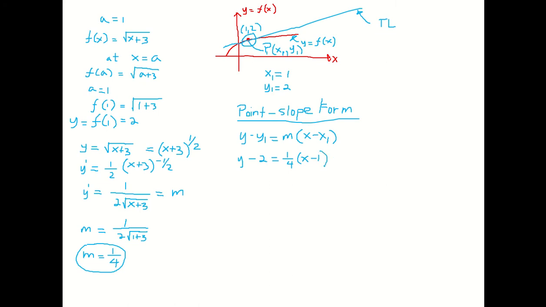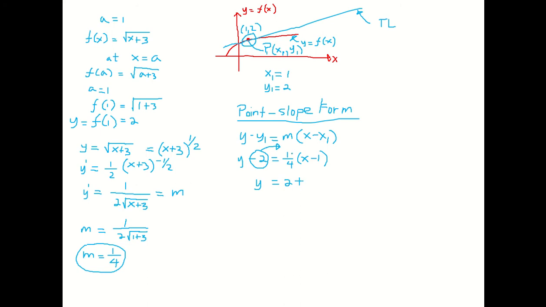Okay, then here we need to express y in terms of x. To do that, let us add 2 to both sides, or you just transpose this -2 to the other side, then change the sign. So on the left side we have y equal to, this is -2, so when you transpose that, that becomes +2, then plus 1/4 times x.